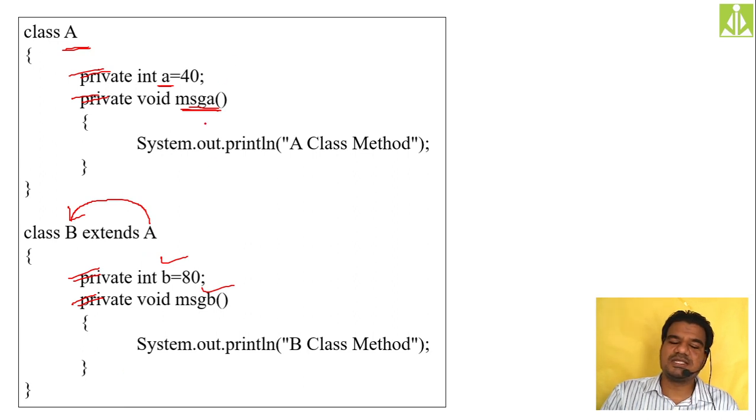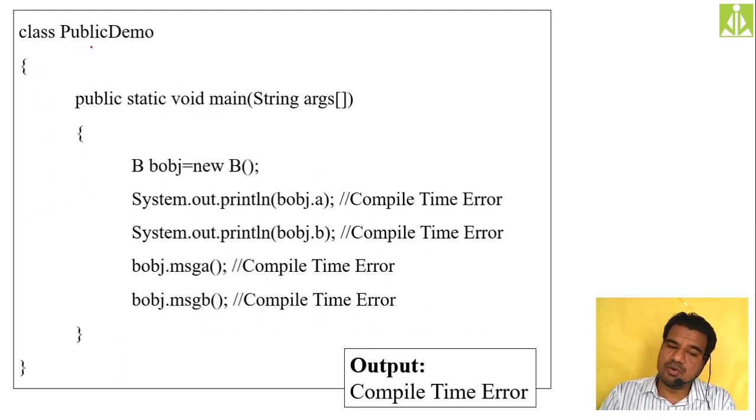Because all these are private. bObj cannot access a because it is not inheriting it, and cannot access messageA for the same reason. Can we access b? Not possible, because you are trying to access b inside the public demo class, which is outside the class, and that is not allowed.